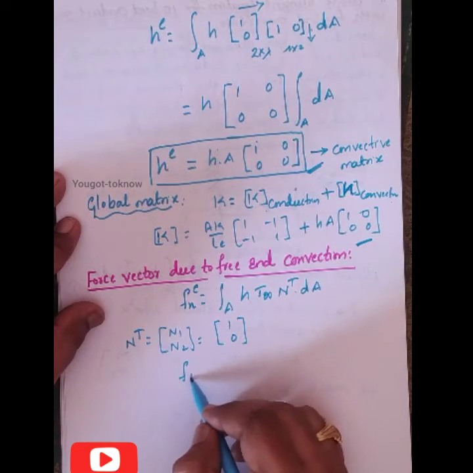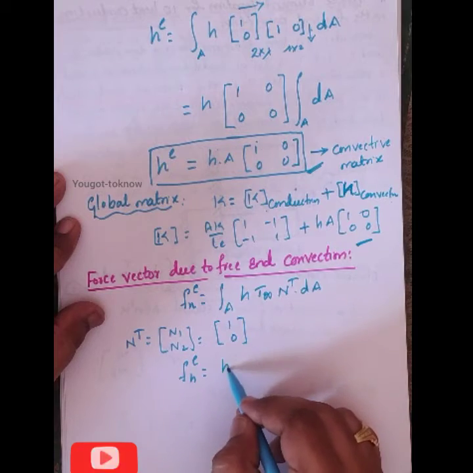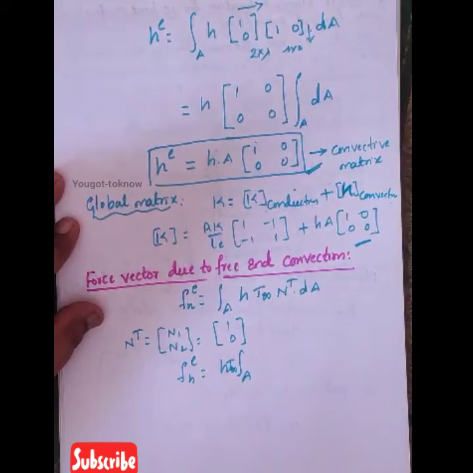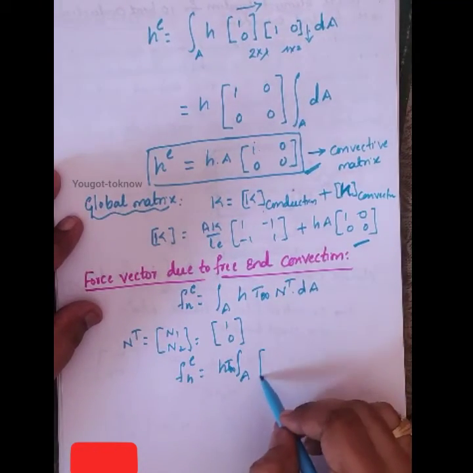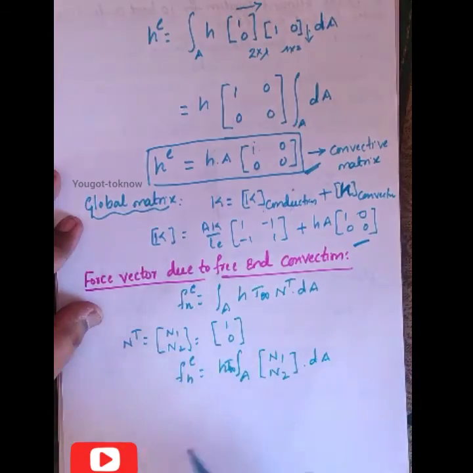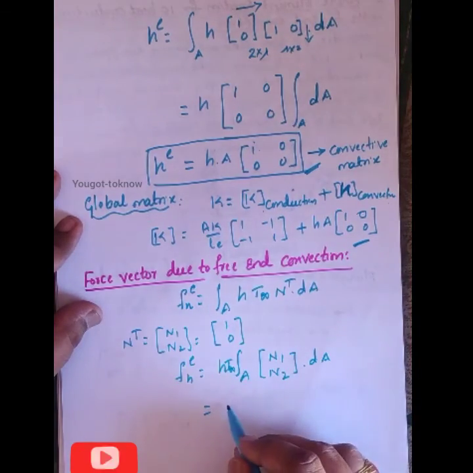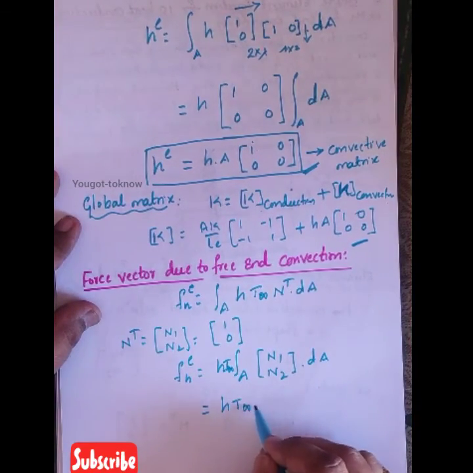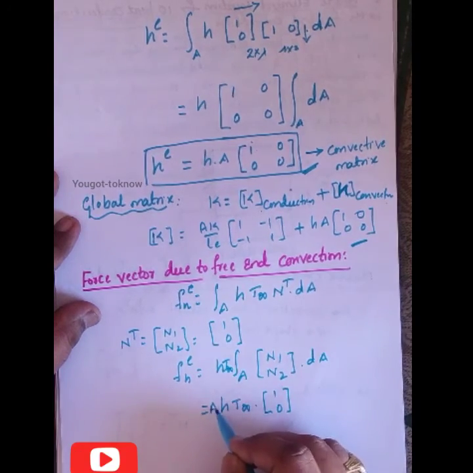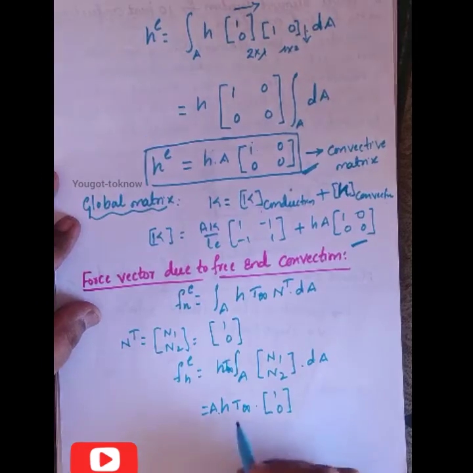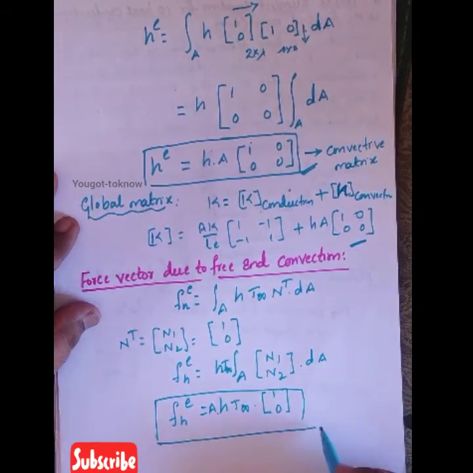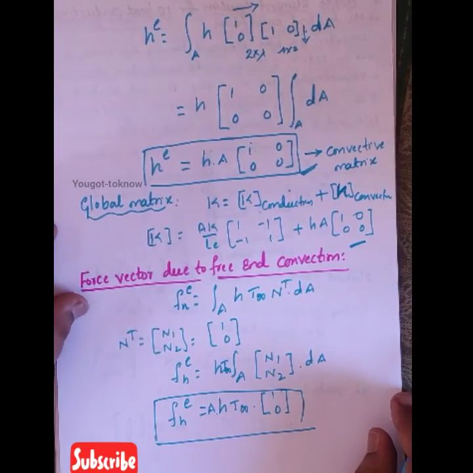Then T infinity is written outside, and N transpose is written as N1, N2 into dA. Then you know the integral of dA is A. This becomes A H T infinity times [1, 0]. This is called F_H^e, your force vector due to free end convection.